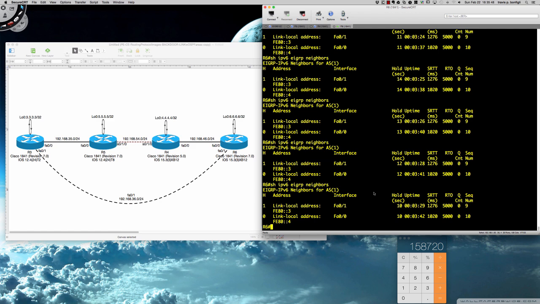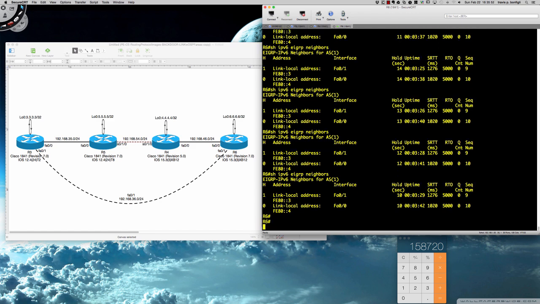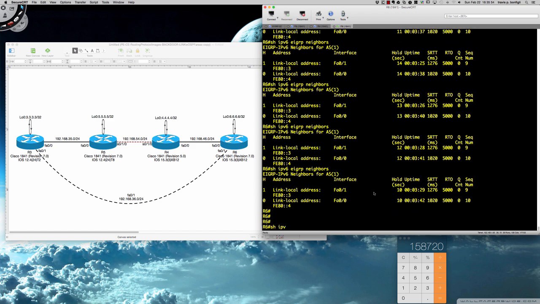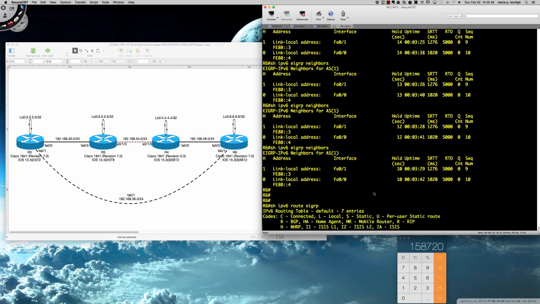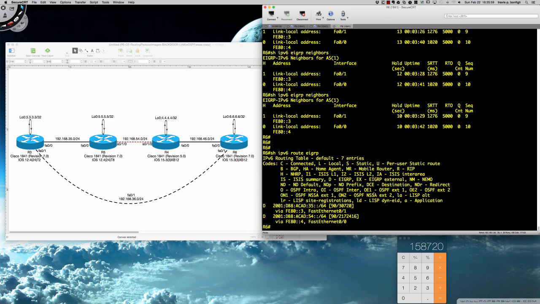So let's take one more look at the routing table now. If I said show IPv6 route EIGRP, this is going to show us the routes that router 6 is learning via EIGRP. Now I'm not redistributing, and I don't have any IPv6 loopback addresses.